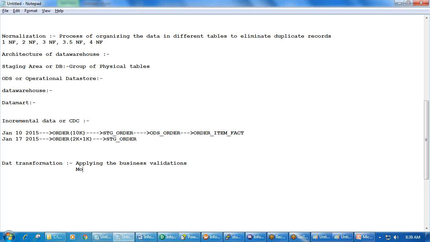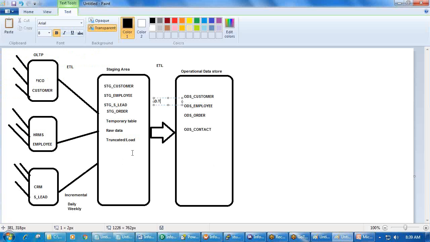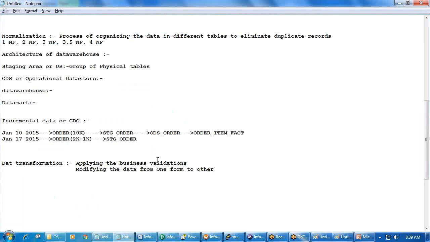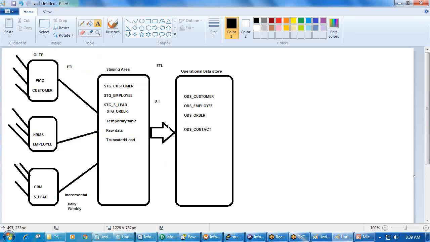So this is your operational data store. Data transformation means when we are moving the data, we'll apply all the business validations, all those things, and load the data into an operational data store.